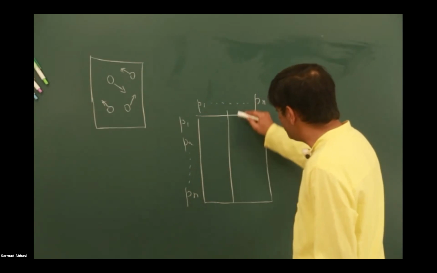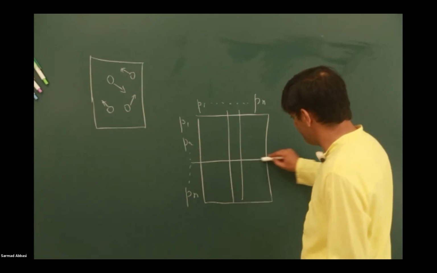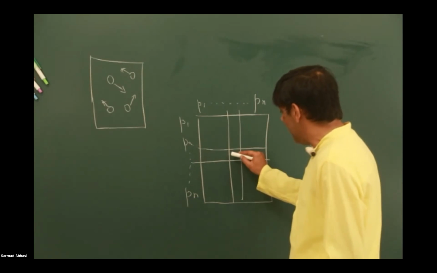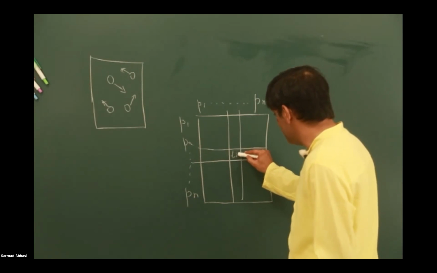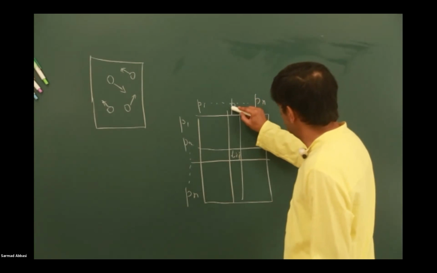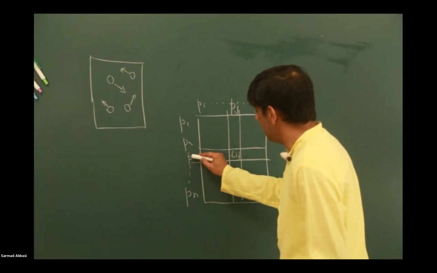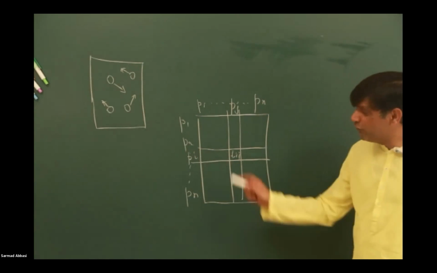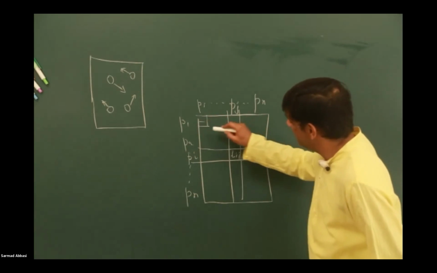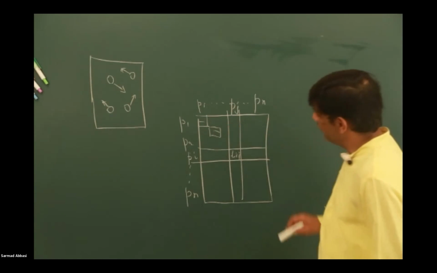For each pair, I calculate the time at which they collide. This is j, and this is i. Of course, the diagonal entries are absolutely useless.